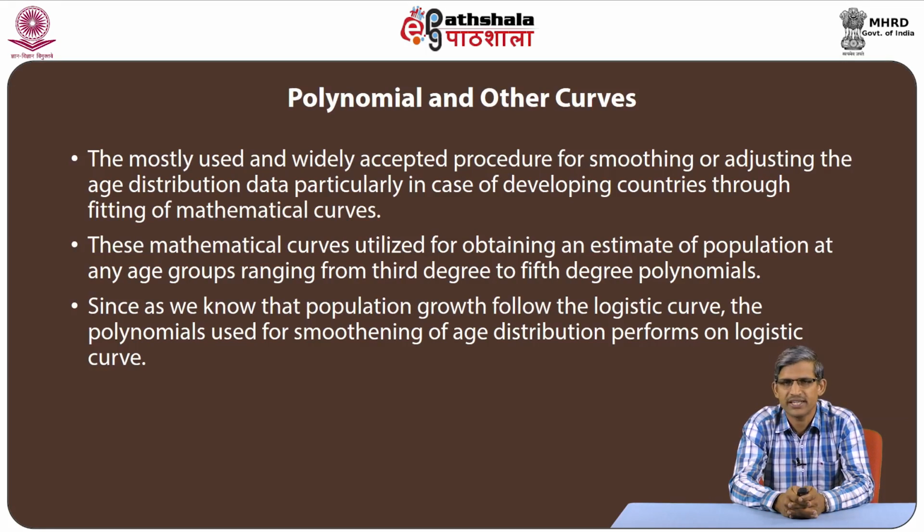The extent of errors is known based on the evaluation methods we have already learned, like Myers' index, Whipple's index, or the UN adjusted score. Since population growth follows a logistic curve, the polynomials used for smoothing of age distribution operate on a logistic function.